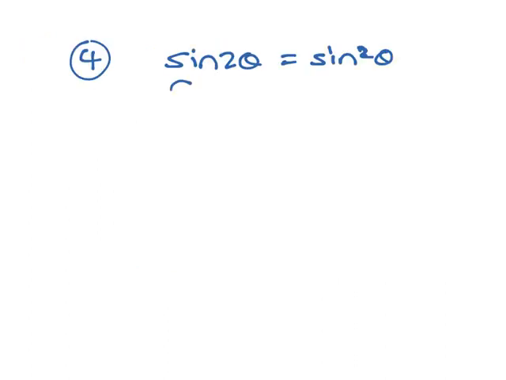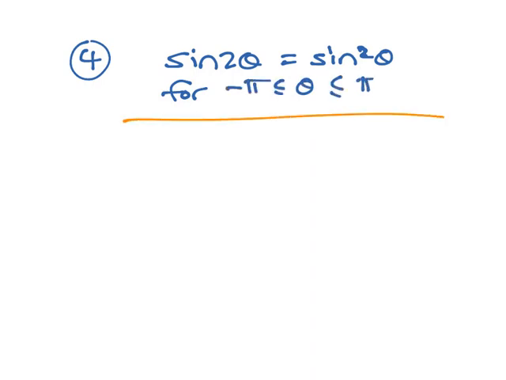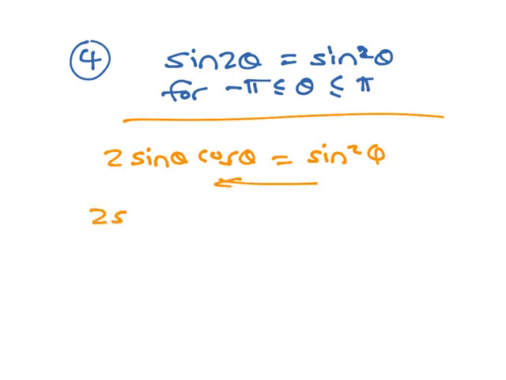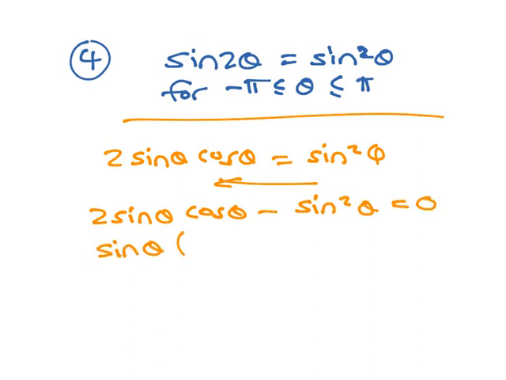Okay, so we'll solve this for theta between minus pi and pi. That means that 2 sine theta cos theta equals sine squared theta. If you bring it to one side, that's 2 sine theta cos theta minus sine squared theta equals 0. Sine theta is the common factor, so it's sine theta times (2 cos theta minus sine theta) equals 0.